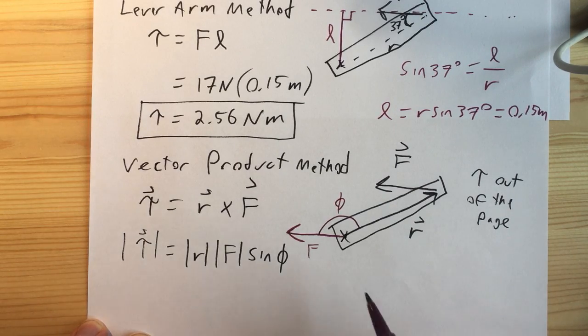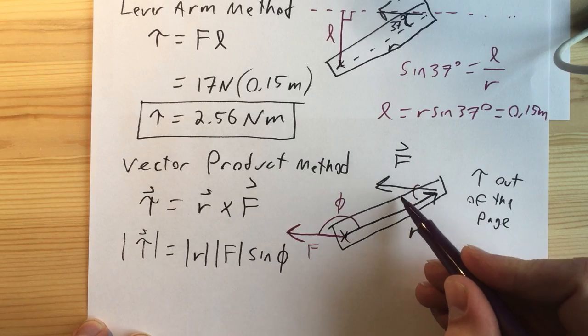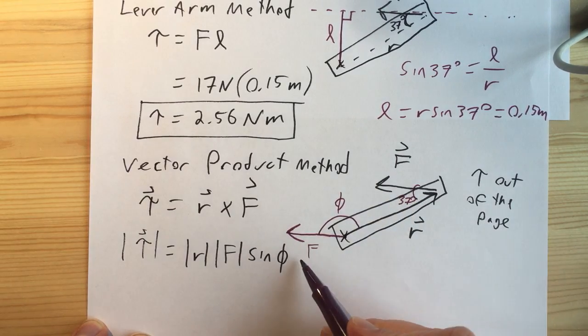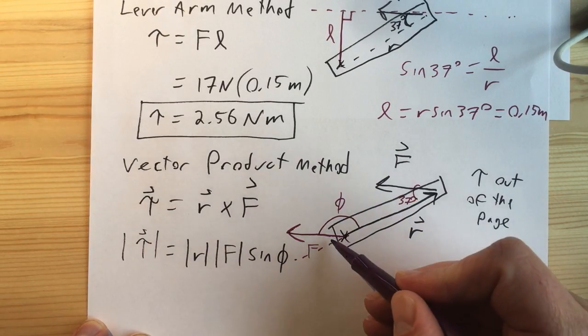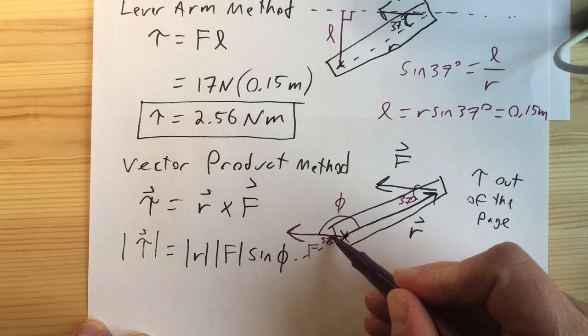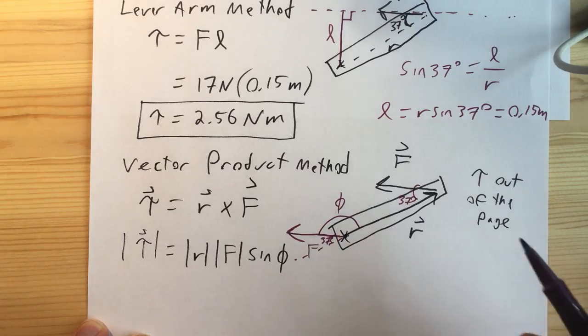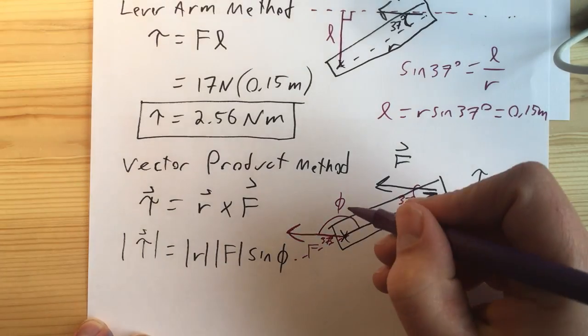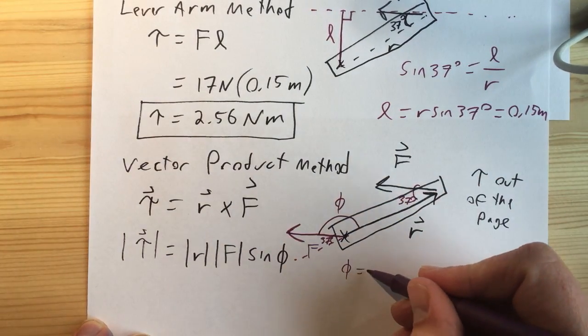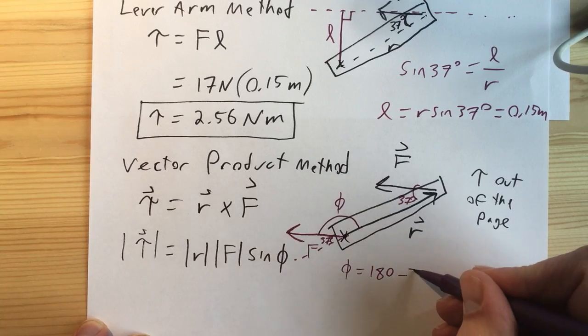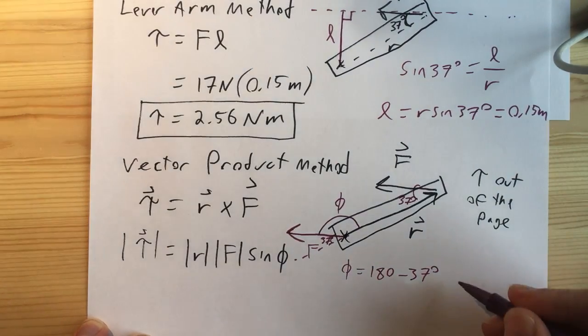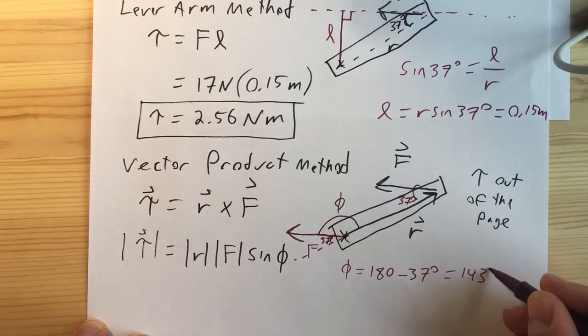To figure this out, I know that this angle is 37 degrees, and so this angle is also 37 degrees, and from here to here must be 180 because I have a straight line. That tells me that this angle, phi, must be equal to 180 minus 37 degrees, or 143 degrees.